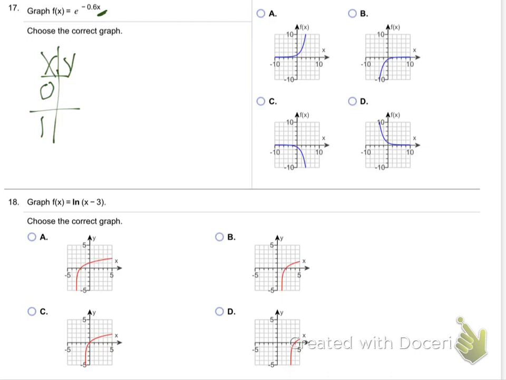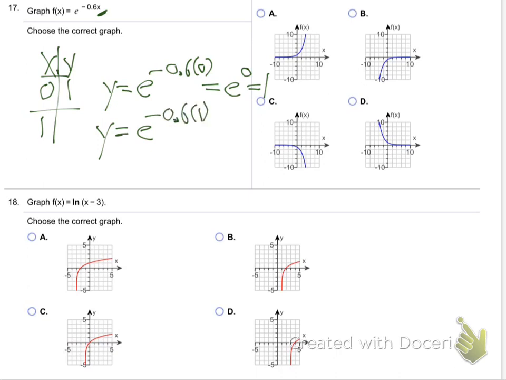Use your calculator. So this one will be y equals e to the minus 0.6 times 0. That's e to the 0, that's 1. Anything to the 0 power is 1. Plug in the next one: 0.6 times 1, e to the minus 0.6. I have no idea, some number on the calculator. I'm getting 0.54, whatever.